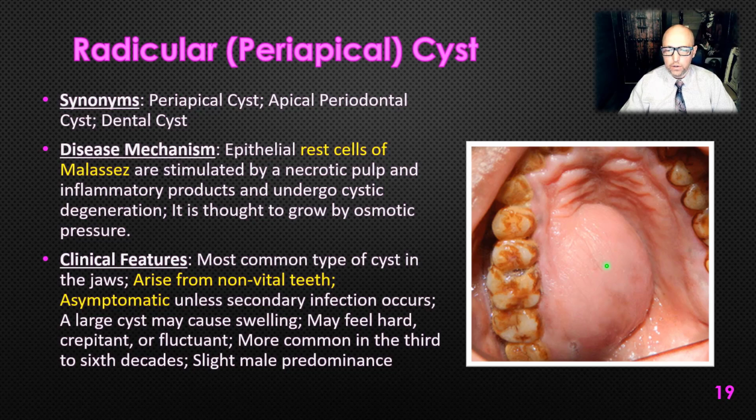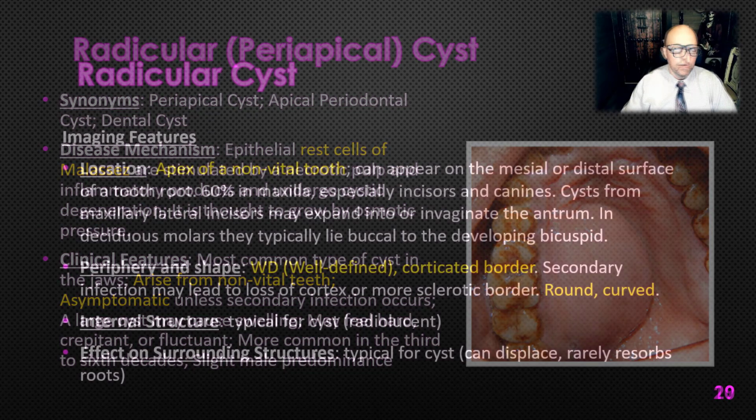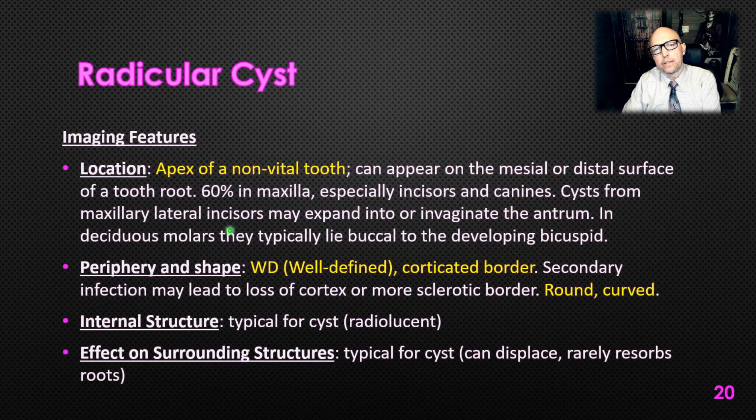But the cyst, if you look at this, you can imagine the part of the cyst in the palate, it's overtaking most of the palate here, would be more asymptomatic. Maybe they'd have symptoms still from the tooth, but in most cases, these are not symptomatic. So how do you distinguish when it might be a cyst? Or radiographically, when might I say it's a cyst as opposed to just a granuloma or an abscess?